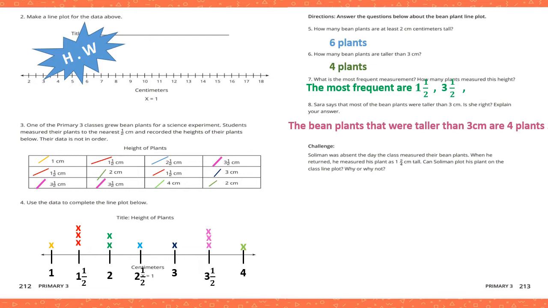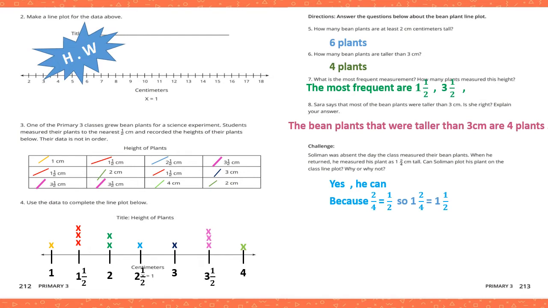Here I have 1 and 2/4. I don't have here in the line plot 2/4. But I know 2/4 equals 1/2. This is equivalent fraction. Do you remember that? Yes. So here, yes he can, because 2/4 equals 1/2. Equivalent fraction, do you remember?